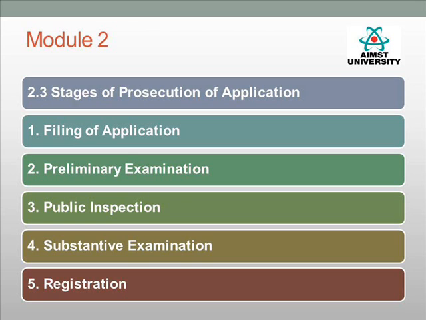If so, the registry will issue the application an official filing date that is known as the priority date. Subsequently, a certificate of filing bearing the official filing date and the allotted patent application number will be issued to the applicant.